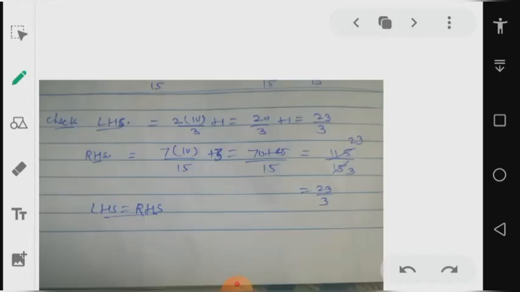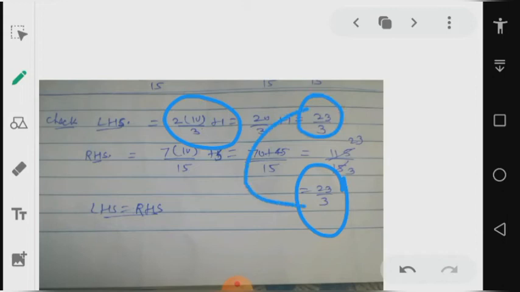Now the LHS is, here in the circle, 2x upon 3 plus 1. So we'll write LHS 2x upon 3 plus 1. Here you can see I have put the value of x, that is 10, and it becomes 20 upon 3 plus 1, so it is 23 upon 3.